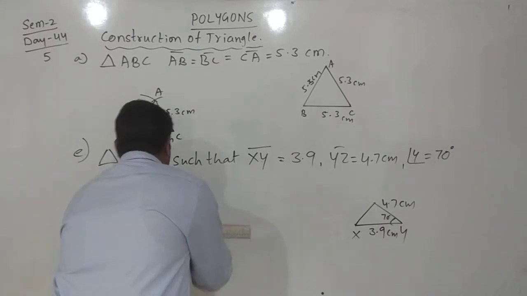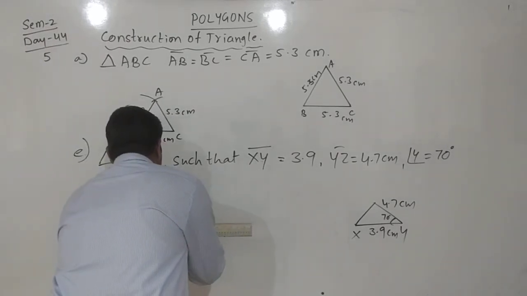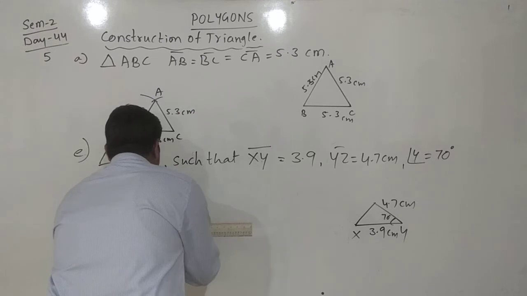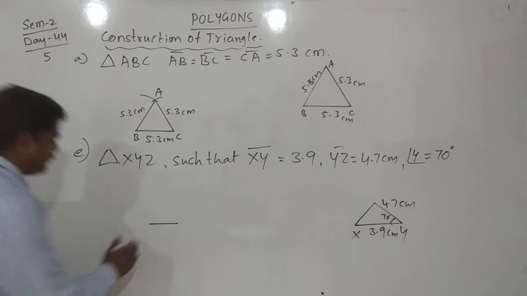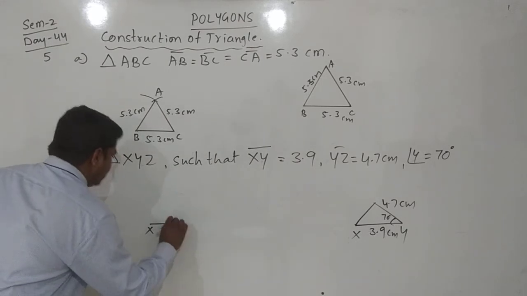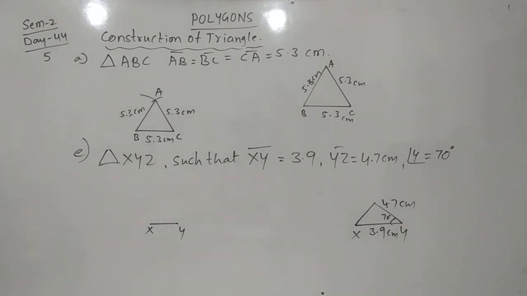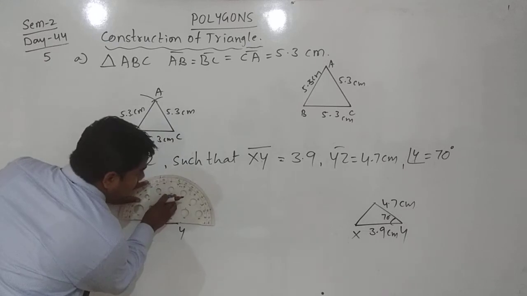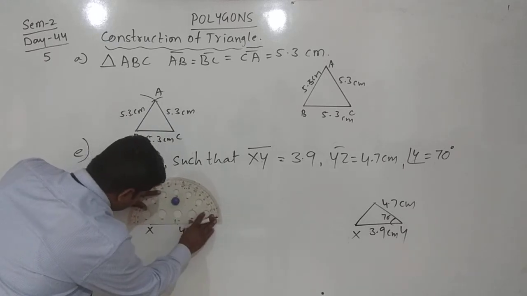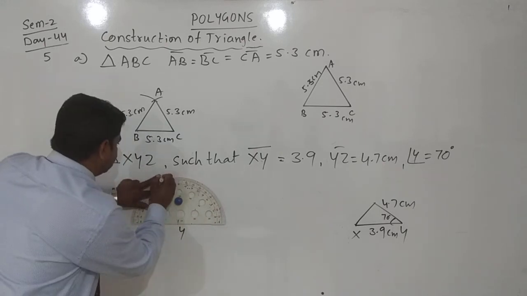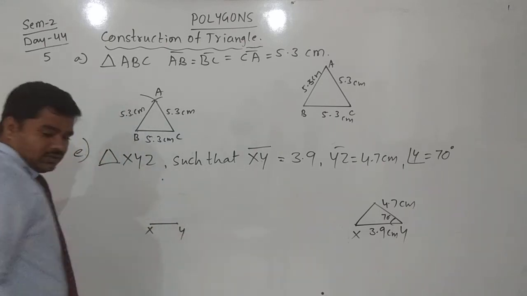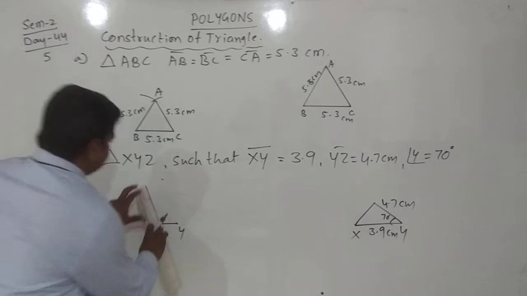3.9 centimeter, then X, Y, next, angle Y is equal to 90 degree, sorry, 70 degree, then 70 is here, draw this one fully.